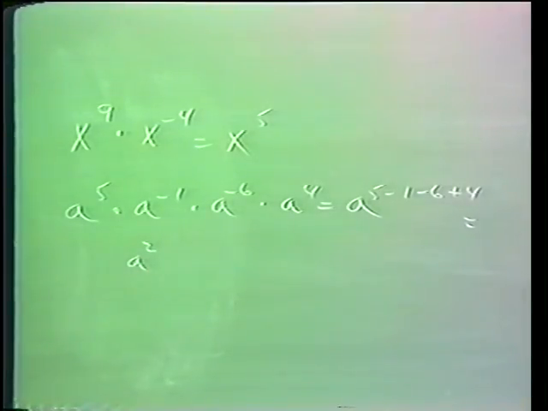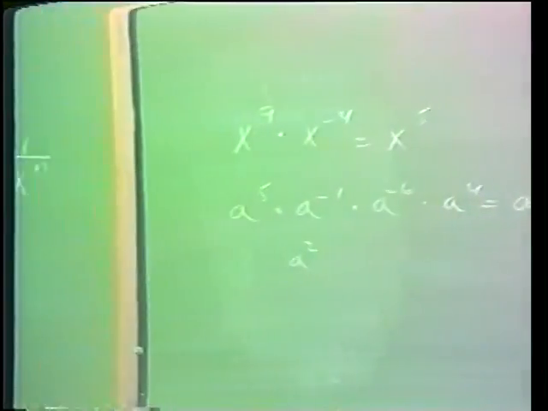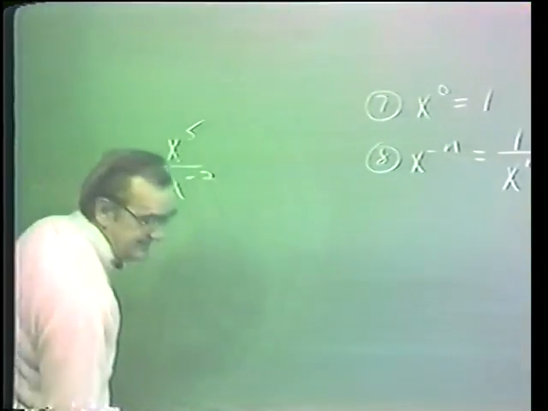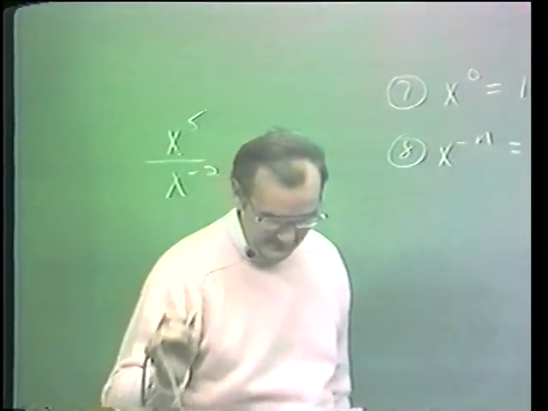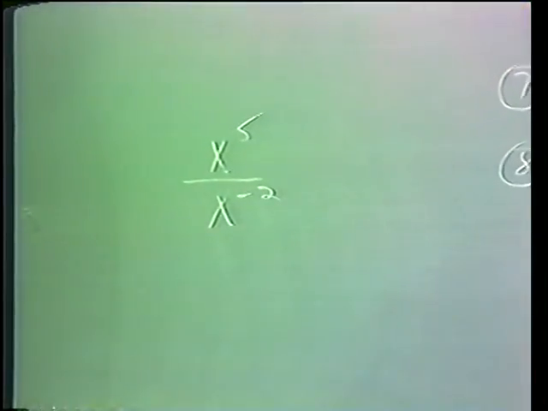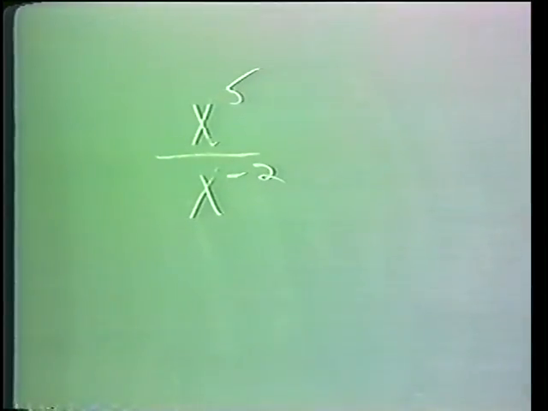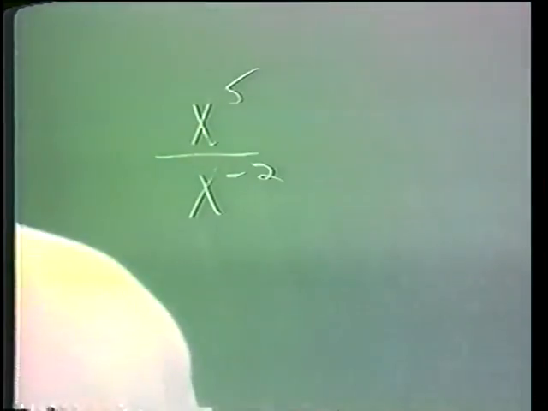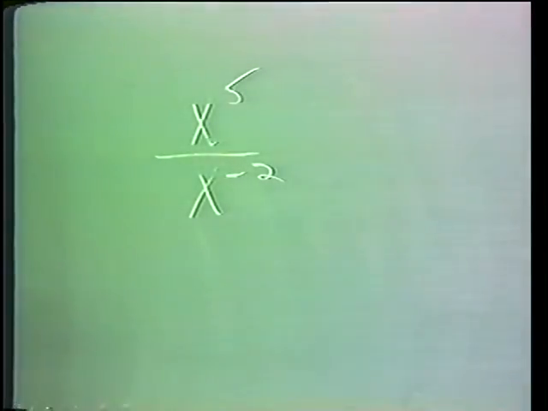Okay? Let's suppose we have x to the 5th divided by x to the negative 2 power. Long?